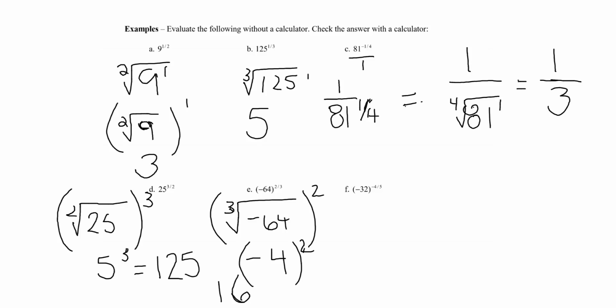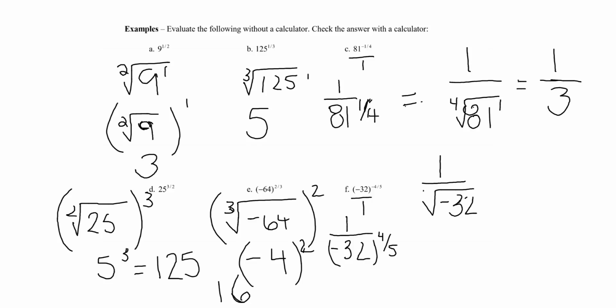Now for F, again, we have a negative fraction exponent, so we have to flip it. But when we flip it, our base, the negative 32, does not become a positive. It's just the exponent. So I'm really going to start off with 1 over negative 32 to the 4/5 power. And when we evaluate that, we'll have 1 over, we'll put our radical, our negative 32 goes on the inside.